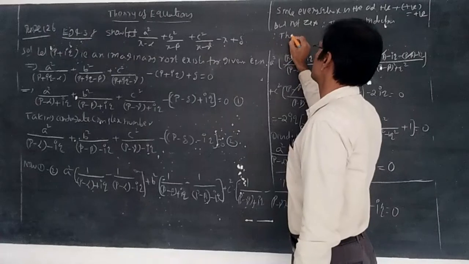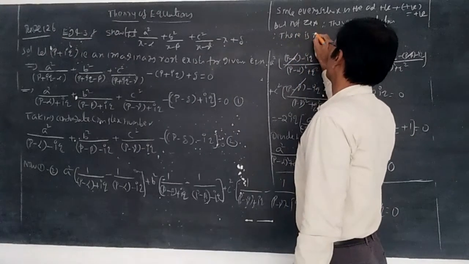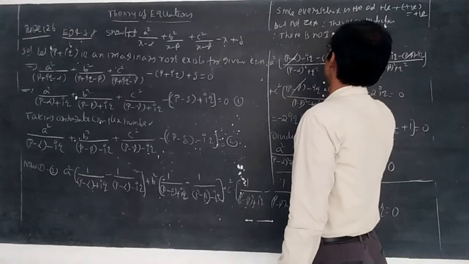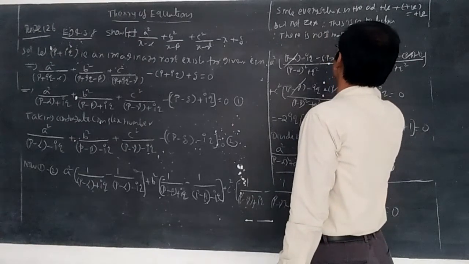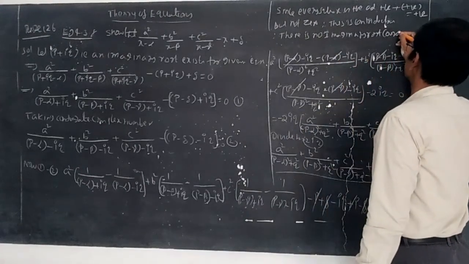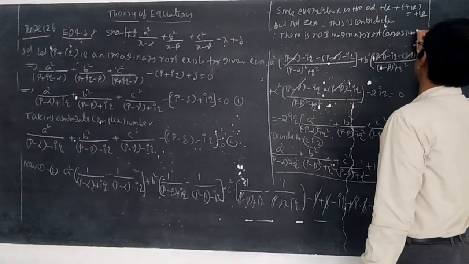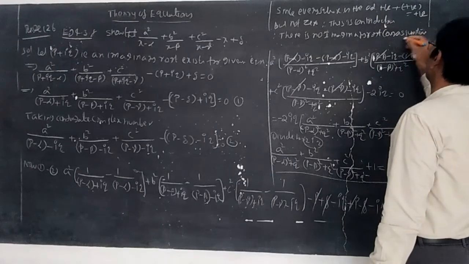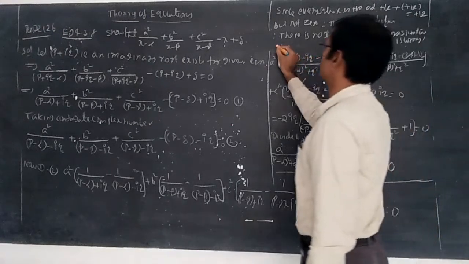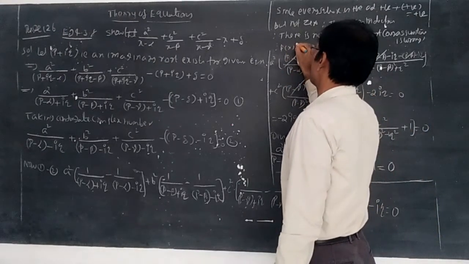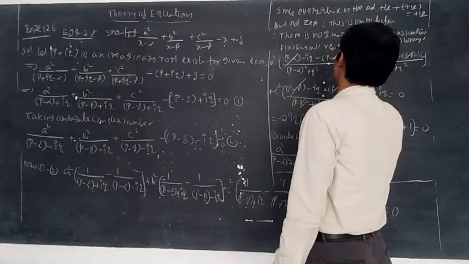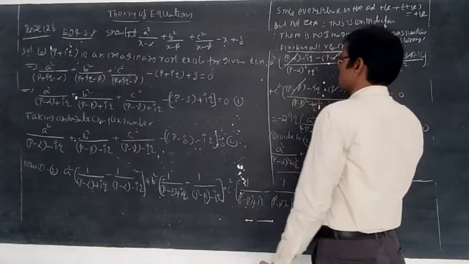Therefore, our assumption is wrong. There is no imaginary root. In brackets you write, our assumption is wrong, false. Therefore, f of x has all real roots. It is the correct statement.